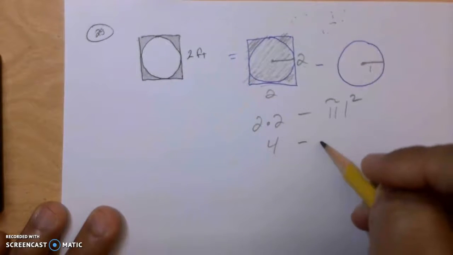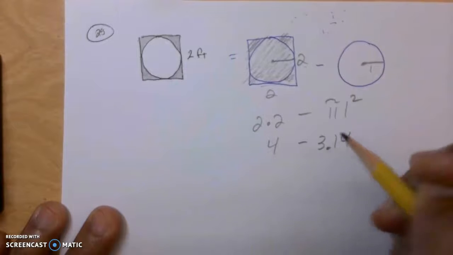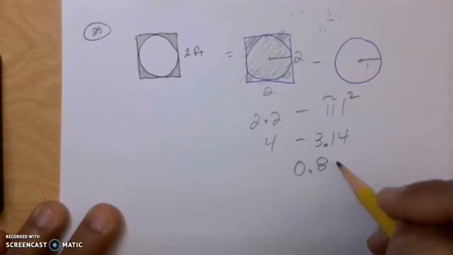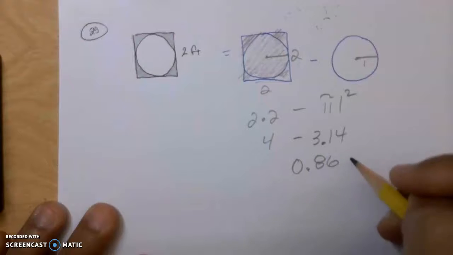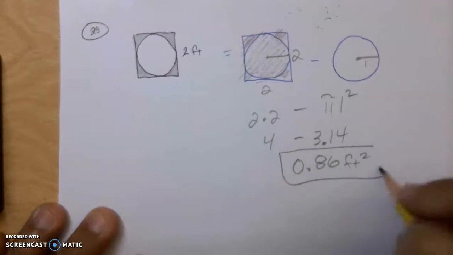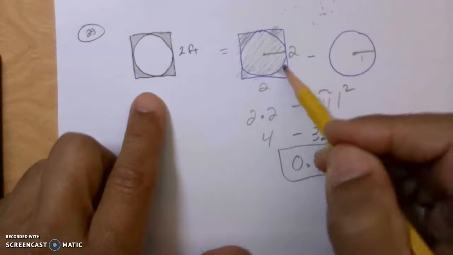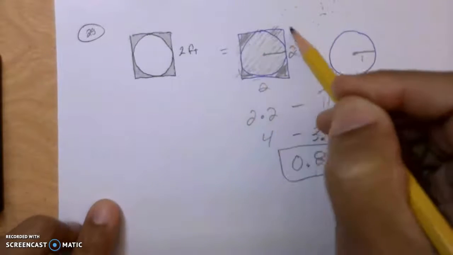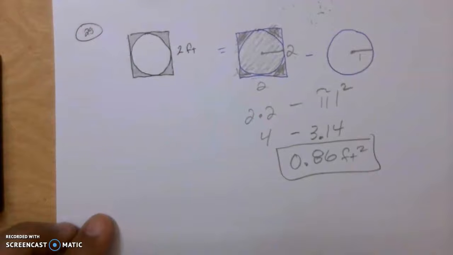And that is 3.14. 4 minus 3.14 is 0.86-ish. I'm rounding that. And this is feet squared. And that is the area of the four corners, the four corners once you subtract out the circle part. And that is number 25.